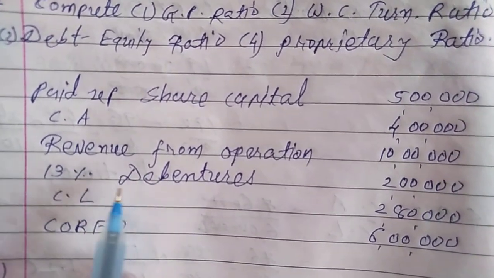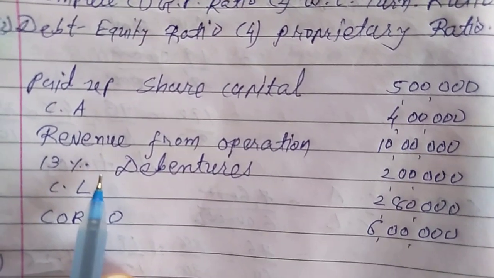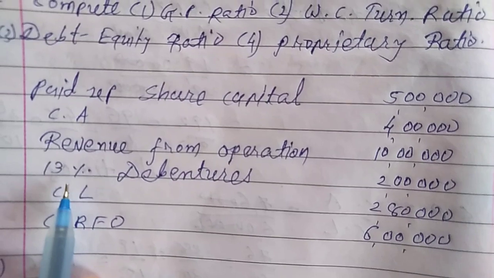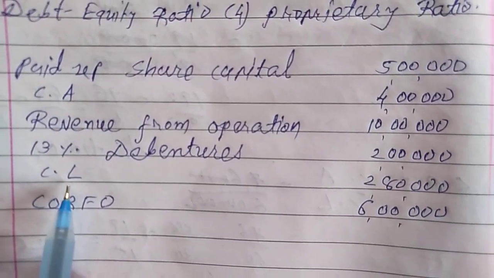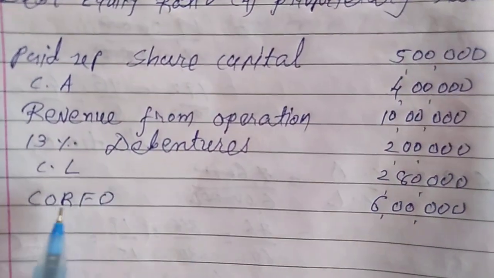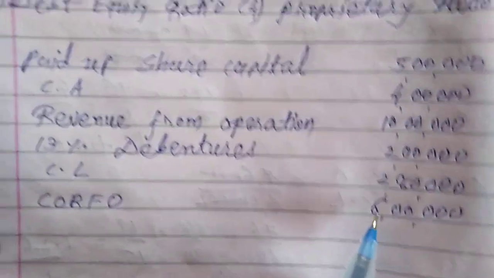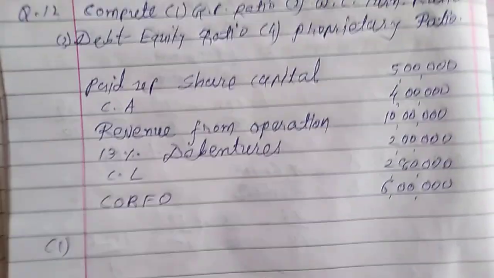Whenever you need to calculate interest on long term debt, at that time you will utilize this 13%. Then current liability 2 lakh 80,000, cost of revenue from operation 6 lakh. So these amounts are already given.